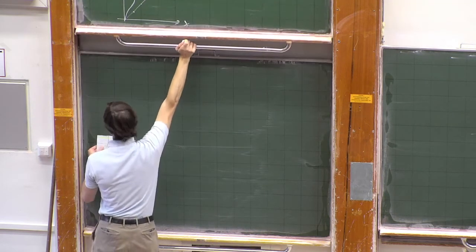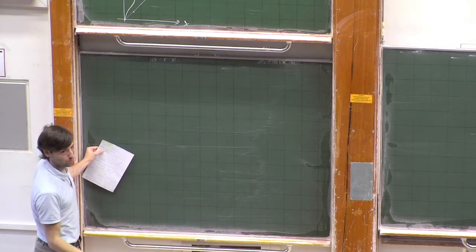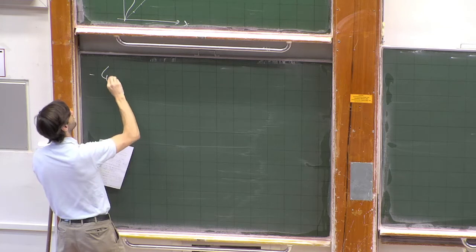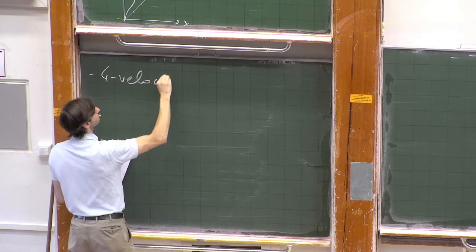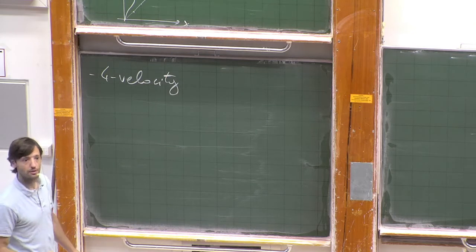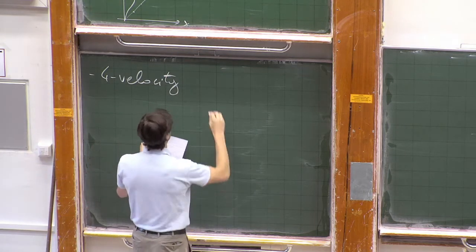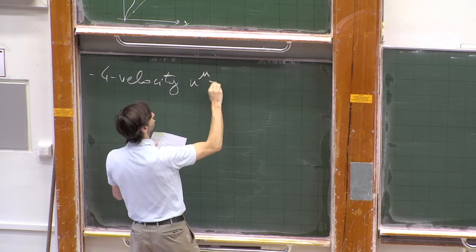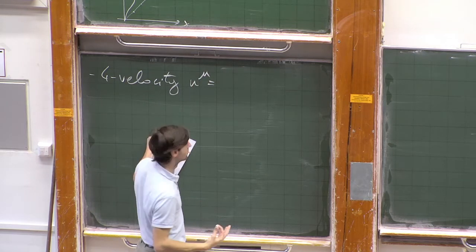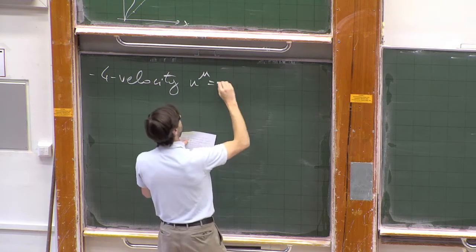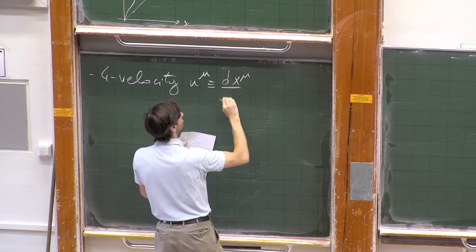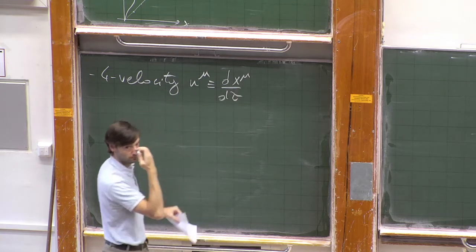Then we can start to add new ingredients, the first of which is the four-velocity. As we have four-vectors, four-positions, we can define four-velocities, which we define with a vector that I call u. It's a four-vector, and is defined as dx^μ over dτ.